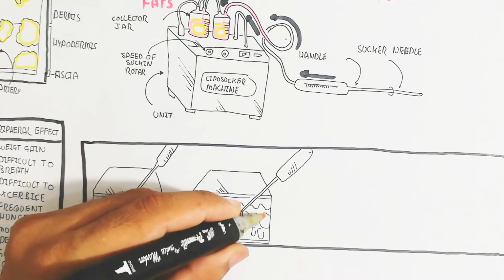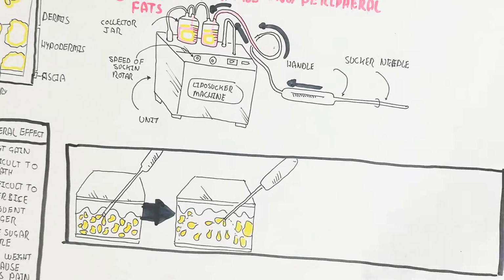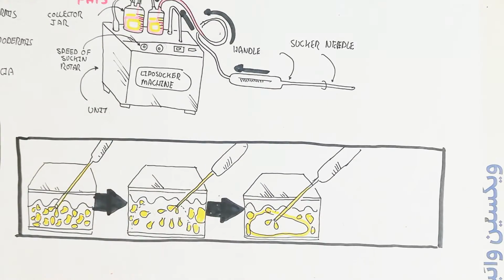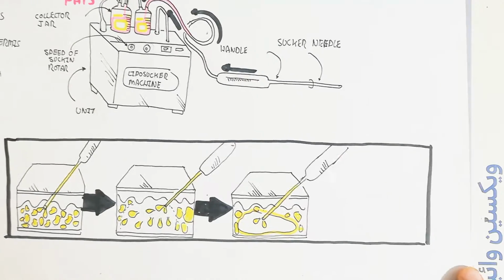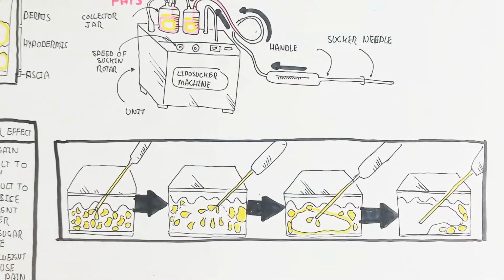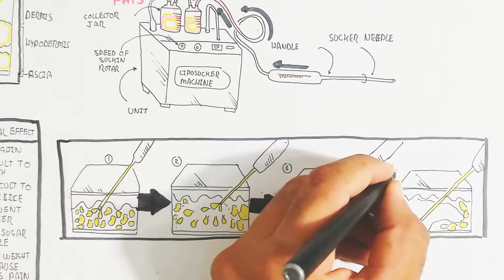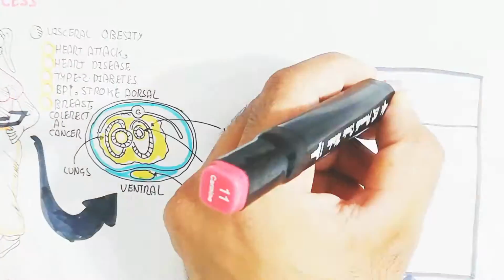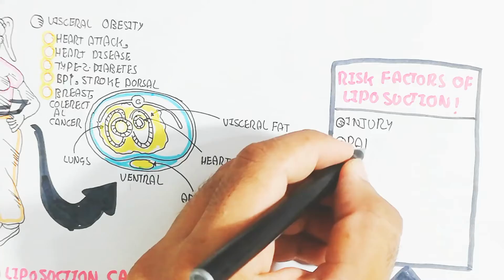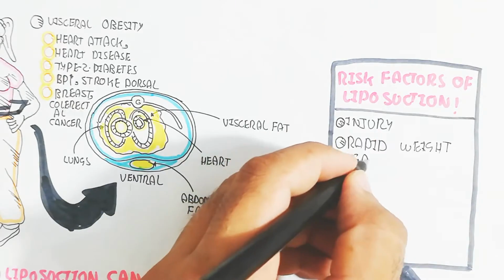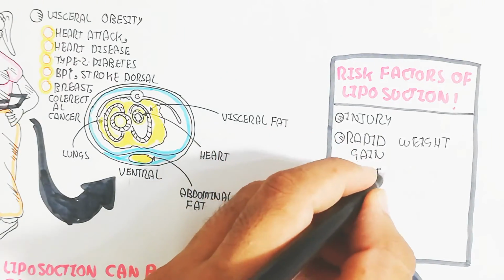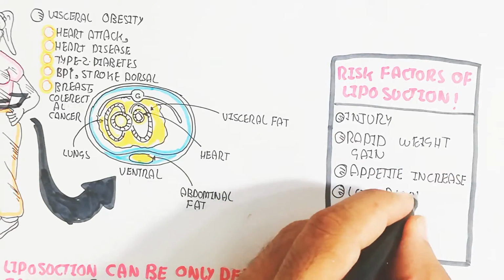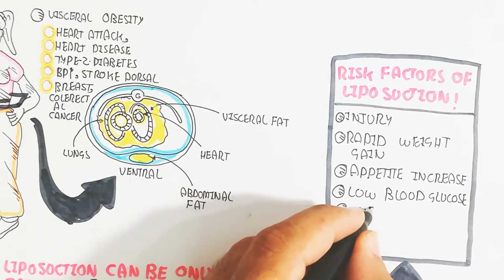The second one is removing more and more and changing the angle of the sucker needle to remove fat from different areas in the peripheral region. An important thing to understand is that the visceral fat in the abdominal region, where the heart and other areas are, can be removed through surgery.